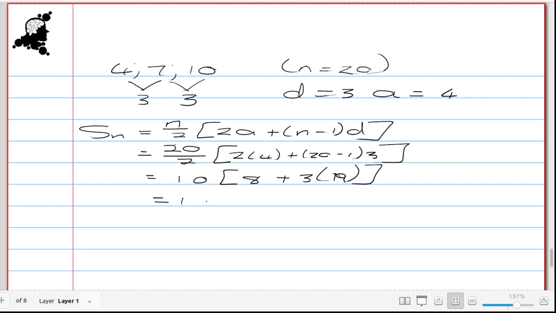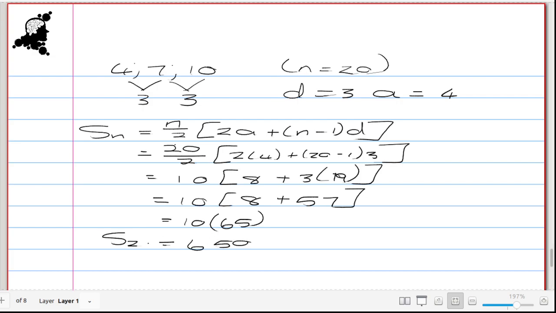So this is going to give you 10 into 8 plus 19 times 3, that's 57. 8 plus 57, let's see, 57 plus 8, 7 plus 8 is 15, so that should give me 65. So I'm going to have 10 into 65 here, which should give me 650. My answer is 650. So in other words, S20 for the sequence is 650.